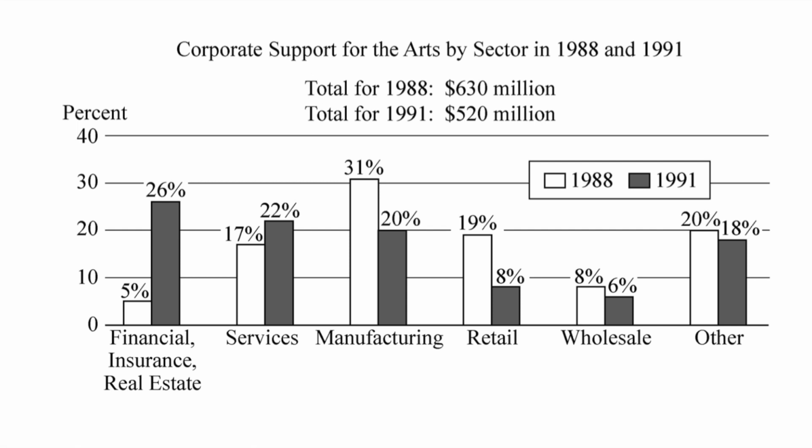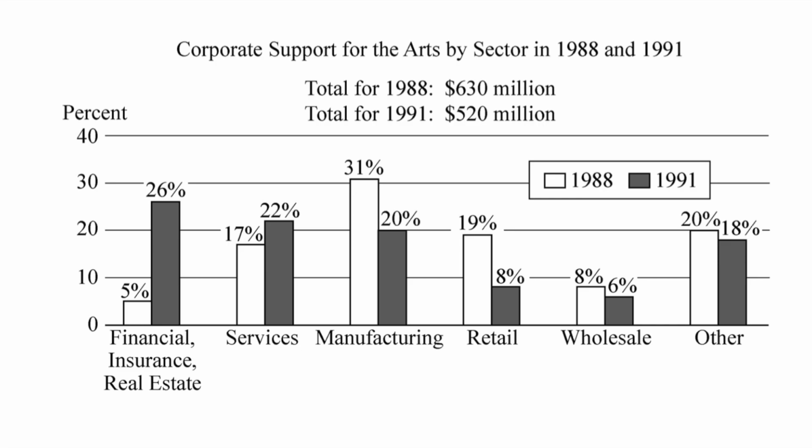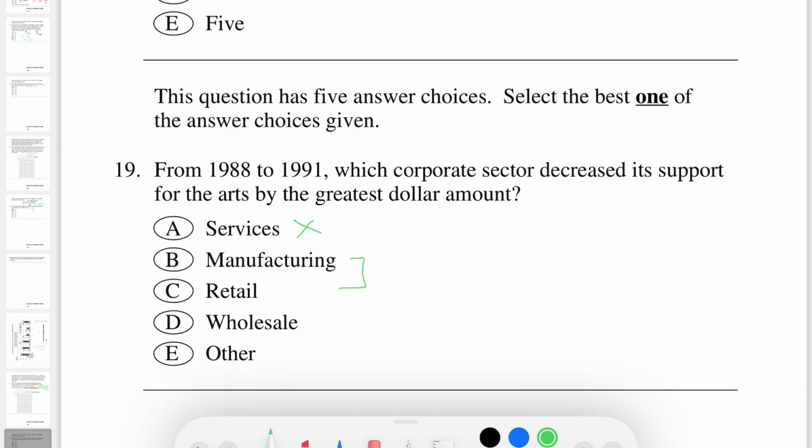So services can get crossed off our list right away. And then manufacturing, retail, wholesale, and other, their amounts look pretty similar. It doesn't look like their support was decreased quite that much. So I'm going to focus on manufacturing and retail first and actually do the math here.